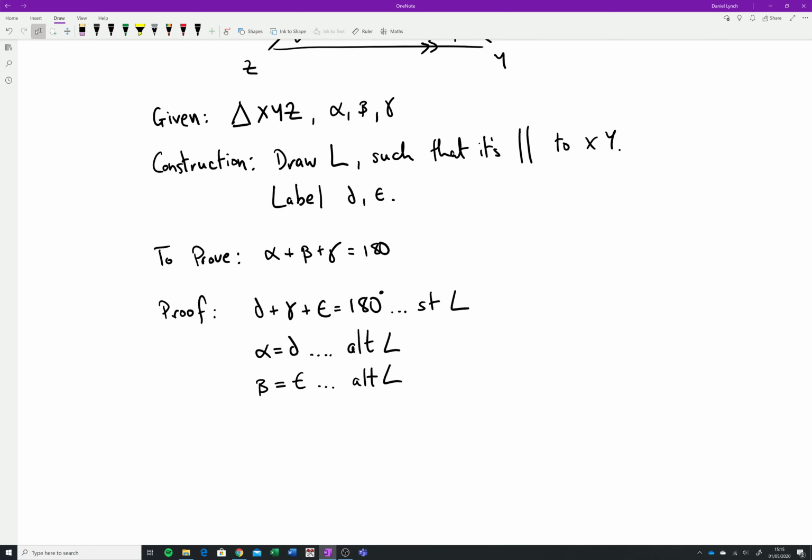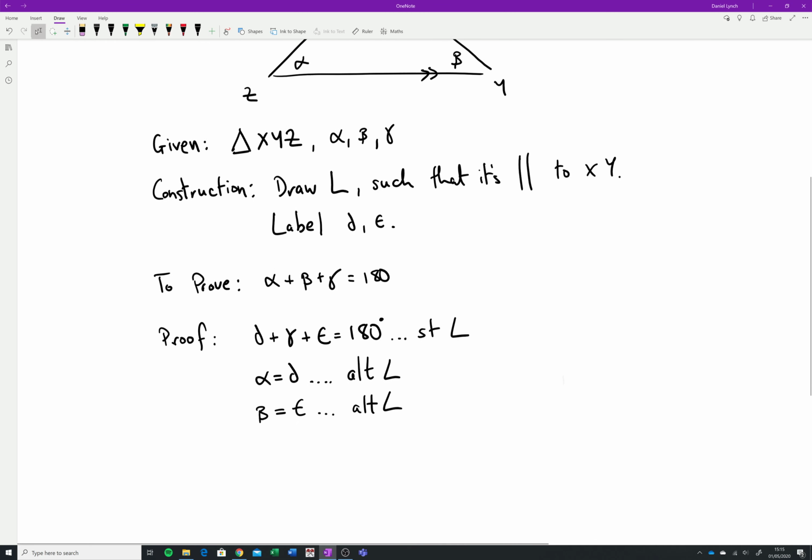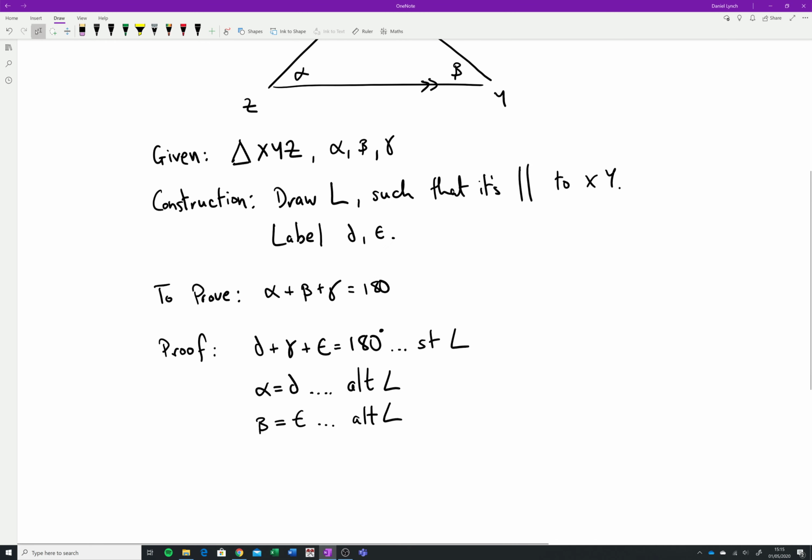Okay, so if we write in delta plus gamma plus epsilon is equal to 180, if we now replace delta with alpha, because delta is equal to alpha, instead of writing delta, I'm going to write down alpha. I'm going to leave gamma alone, and instead of writing epsilon, I'm going to write beta, because we've just shown that beta is epsilon.